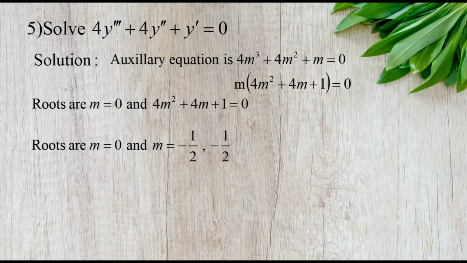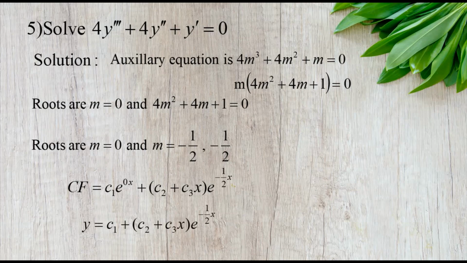That is the reason when you are having 0 as a root, the repeated root cannot be found out just by assuming the last root is repeating. That is the reason we have solved this manually. And c1 e raised to 0x plus c2 plus c3x e raised to minus 1 by 2x is the complementary function, and the homogeneous equation has the complementary function as the solution. So y is equal to cf.